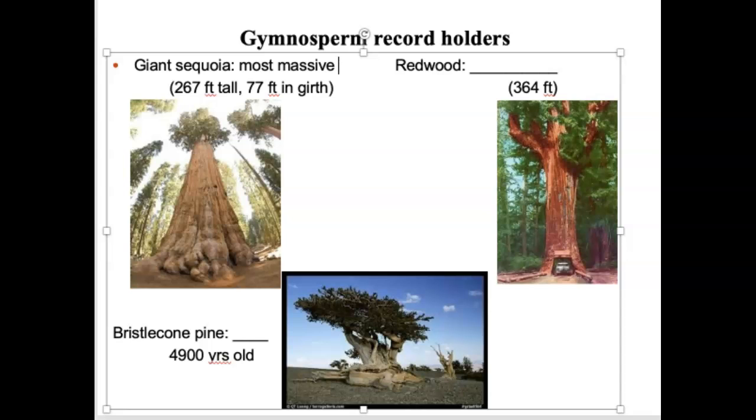The tallest, biggest, most massive sequoia on record was 267 feet tall and 77 feet in girth. So girth is circumference, wrapping around it. 77 feet. That's literally 14 people laying down from head to toe to make a circle around this thing. That is just massive. It's huge.